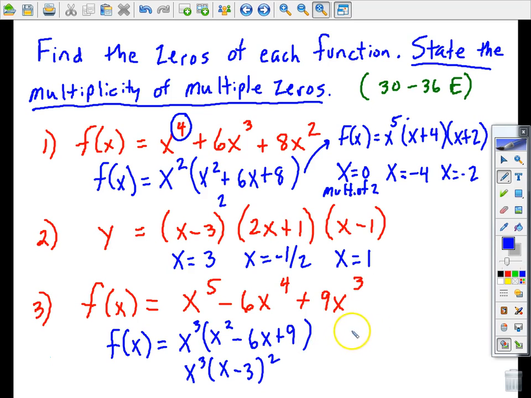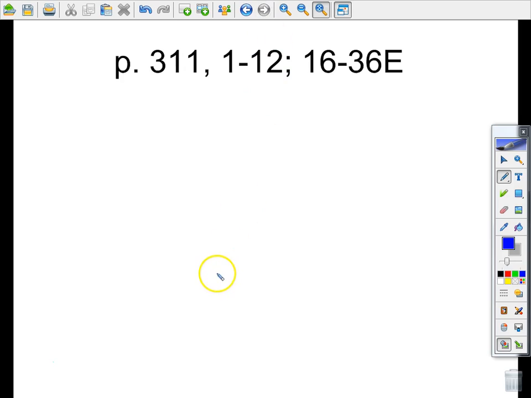Okay, now let's find the zeros. What are they? 0 and 3. Do either of these have multiplicity? Both of them do. 0 has a multiplicity of 3. 3 has a multiplicity of 2. You get it. All right, there you have it.